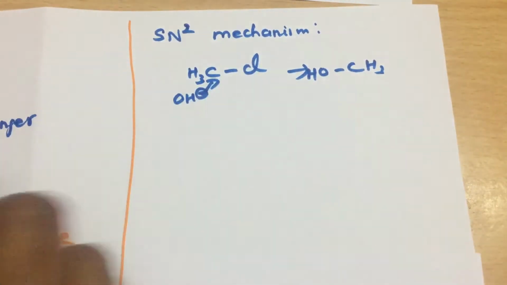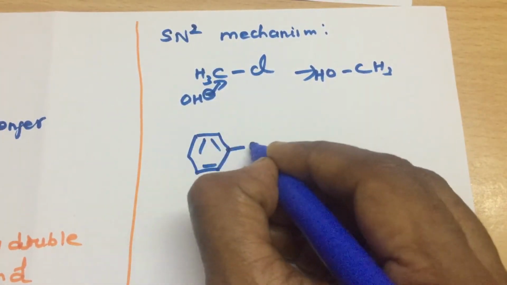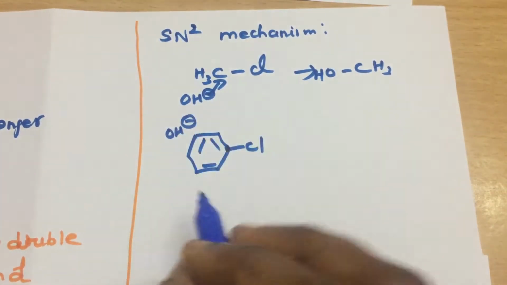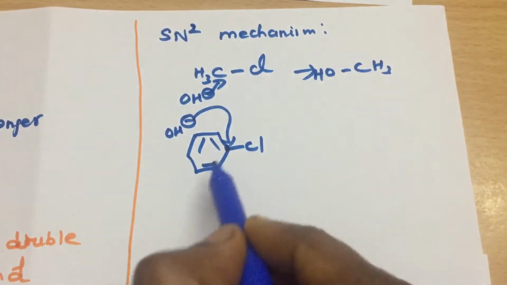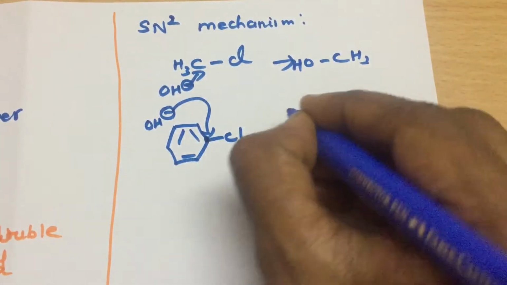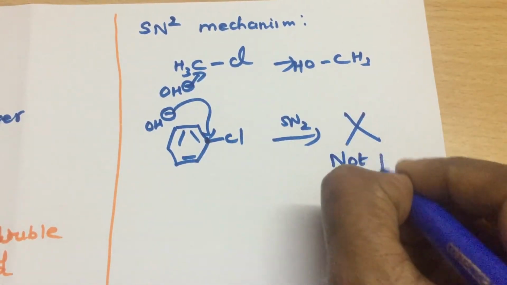But is this possible in an aromatic ring? If you consider this ring with chlorine, the hydroxyl group in an SN2 mechanism has to attack from the backside. Is this possible? The backside is almost covered. So the SN2 mechanism is not possible.